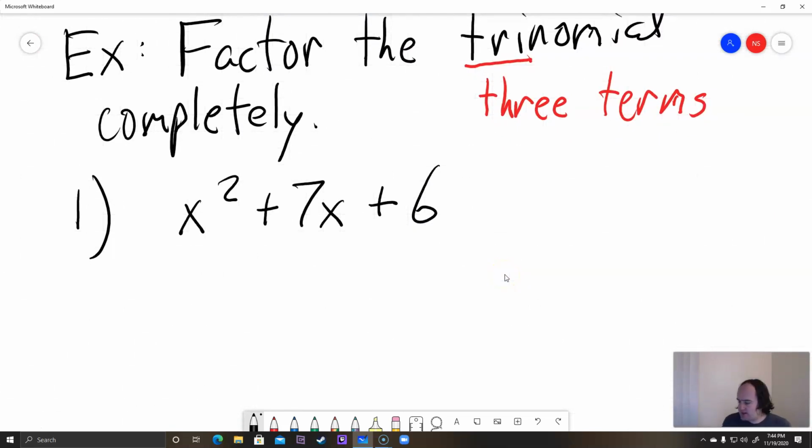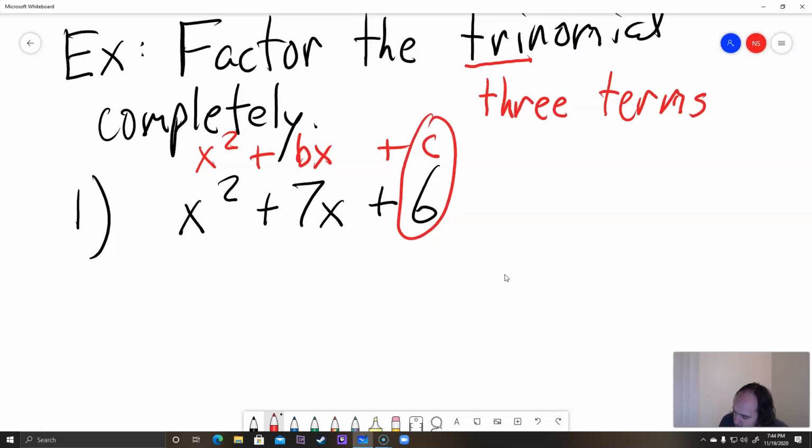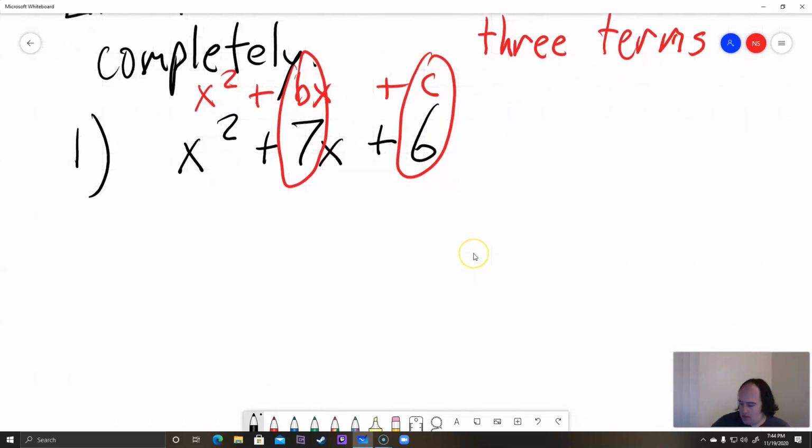In this case, c is 6 and b is 7. So we draw a large x, and on the top we write 6, and on the bottom we write 7.